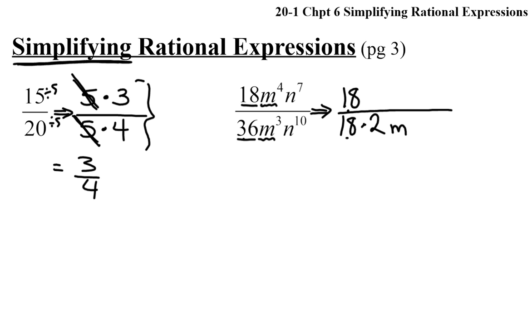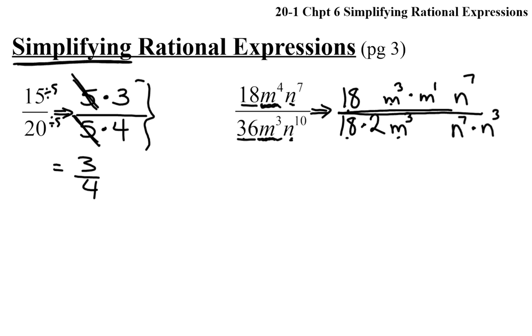I'm going to be able to factor out an m^3 because there is an m^3 and my m^4 could be thought of as an m^3 times an m^1. So by splitting my m^4 up, I now have common factors that will cancel out. And then my n^10 and n^7, well, n^7 is common to both, so I'm going to be able to take my n^7 and cancel it with the n^7 from my denominator that also has an n^3.